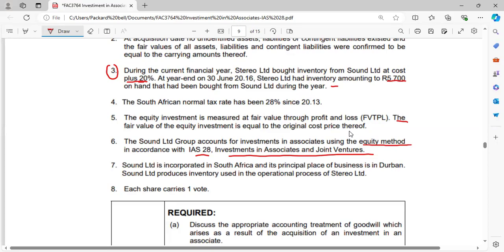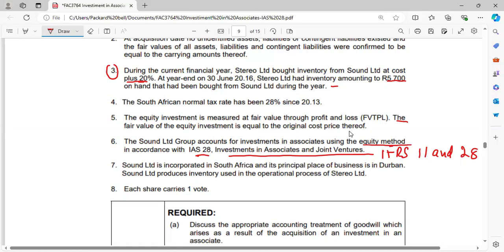They use the same standard, but in joint venture we use IFRS 11 and IAS 28. Sound Limited is incorporated in South Africa and its principal place of business is in Durban. Sound Limited produces inventory used in the operational process of Stereo Limited.